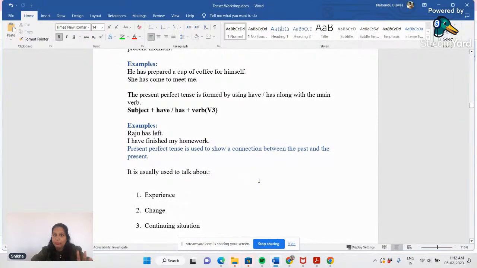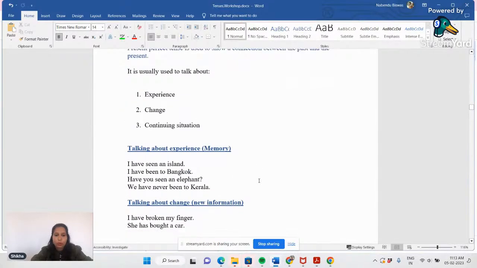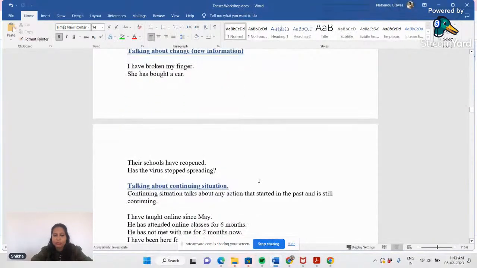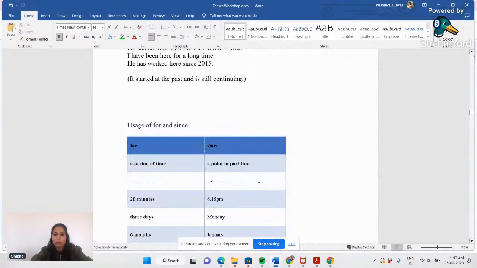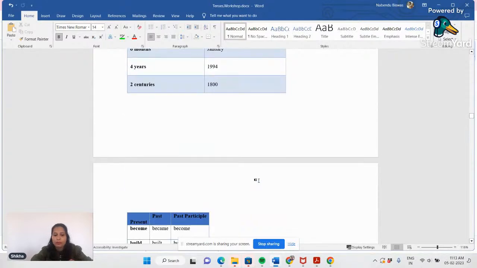So we have three types of verb, that is v1, v2, v3: present, past, and past participle. So whenever we are using have or has, we have to use the past participle form of the verb. So Raju has left, I have finished my homework, right? All these I have mentioned yesterday. Please go through the video, you'll be able to understand. The usage of for and since also I have mentioned in detail in the previous video.